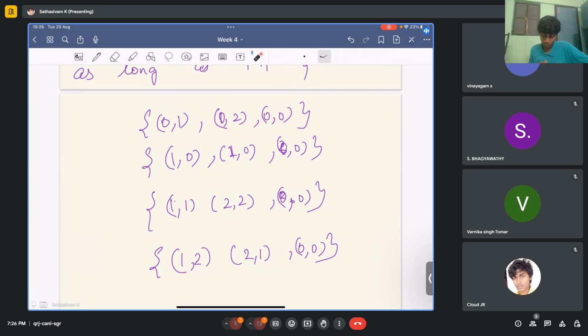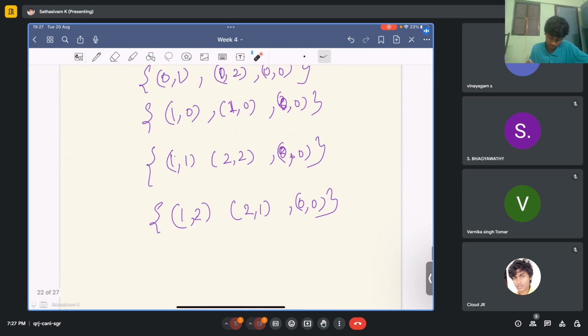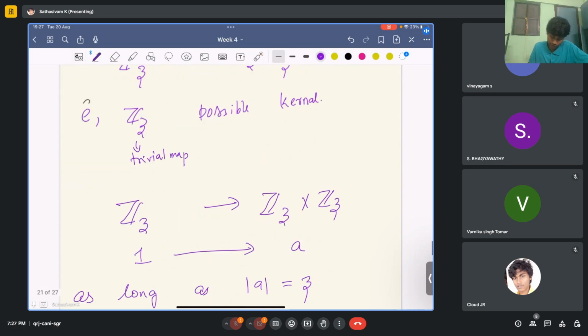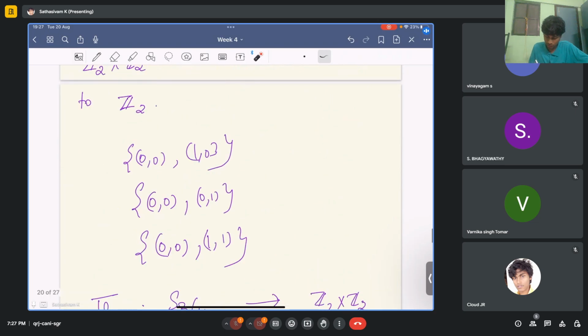Okay, so if you ask me how many homomorphisms I can get, it is not 4 homomorphisms, like the way we did last time. What we did here, if you observe, I take this generator and then I map it to 1 0. Here I map to 0 1, 1 1 I mapped, right? So these are the groups and I map to the generator here.